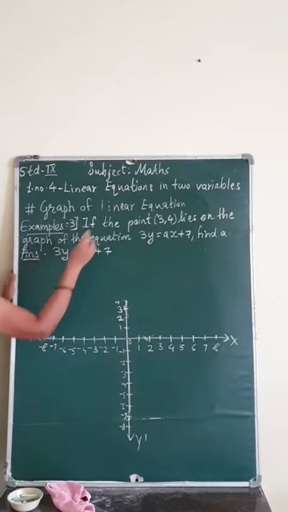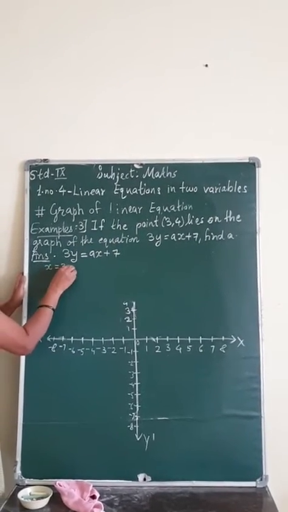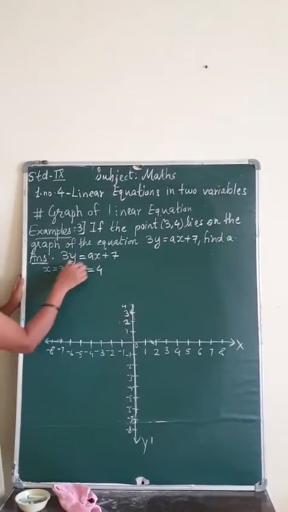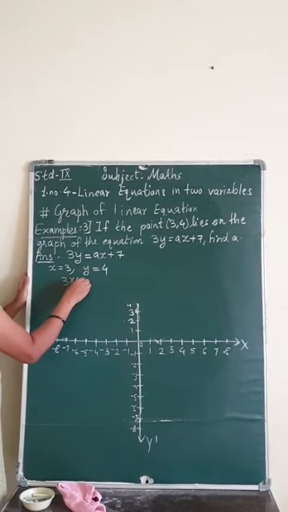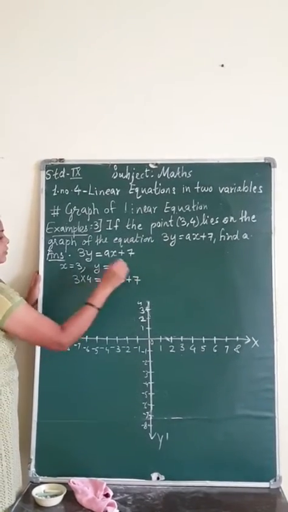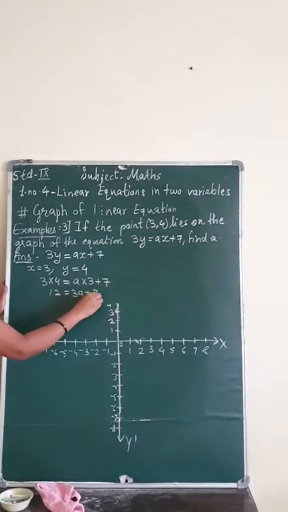Now the point is given where x coordinate has value 3, y is 4. So substituting these values in this equation, we get 3 into 4 is equal to a into 3 plus 7. So this gives us 12 equals 3a plus 7.